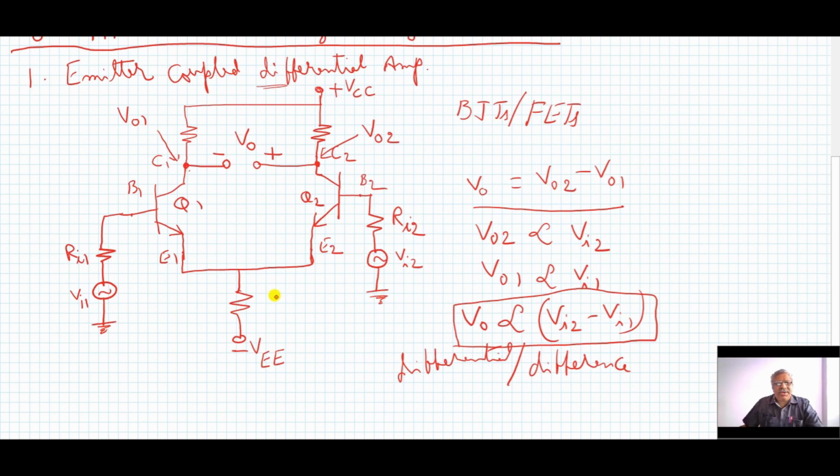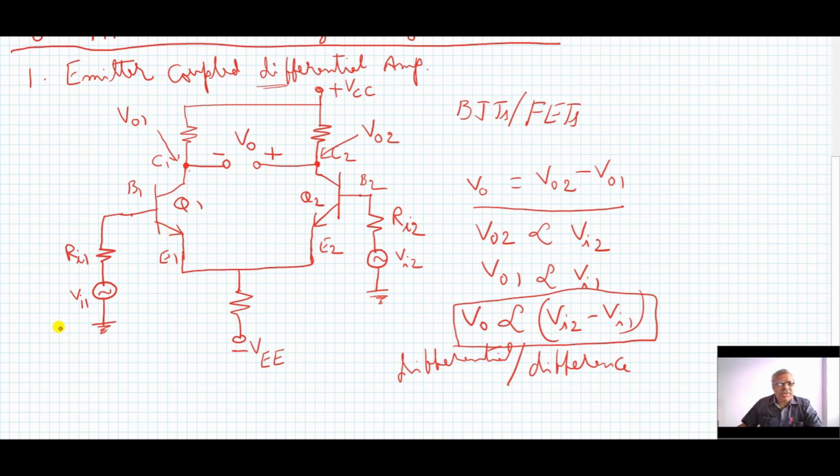And another interesting point here is, the circuit is a direct coupled amplifier. There are no blocking capacitors, there are no coupling capacitors, there are no bypass capacitors. So this makes the circuit useful to amplify not only AC signals but also DC signals.